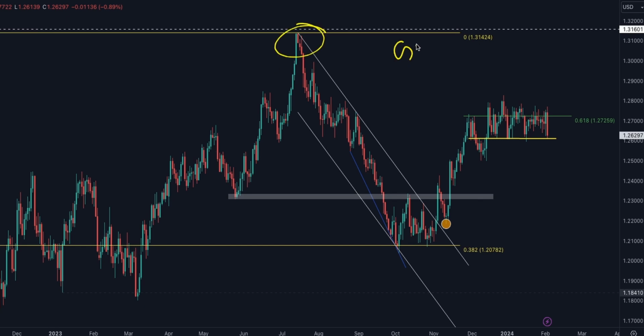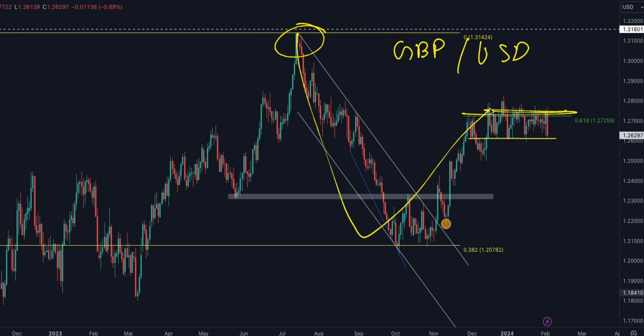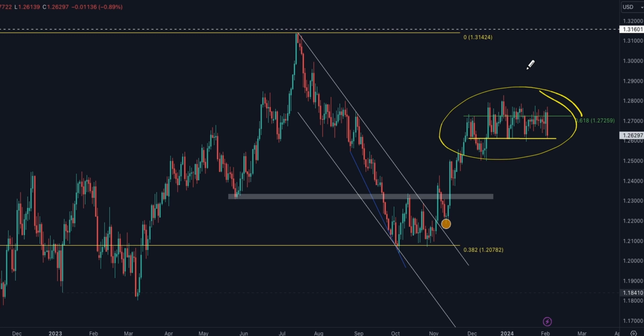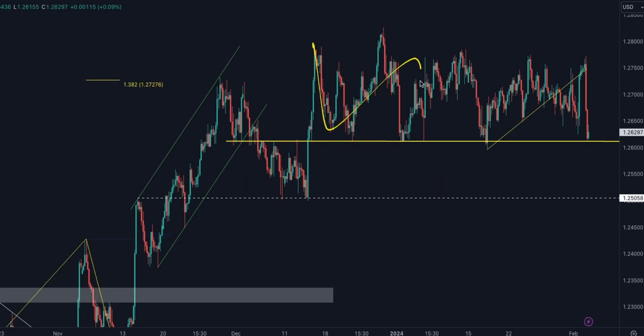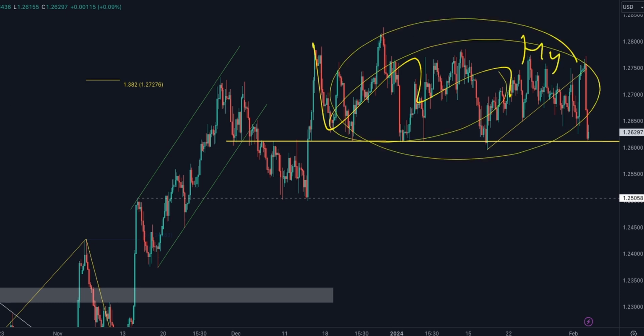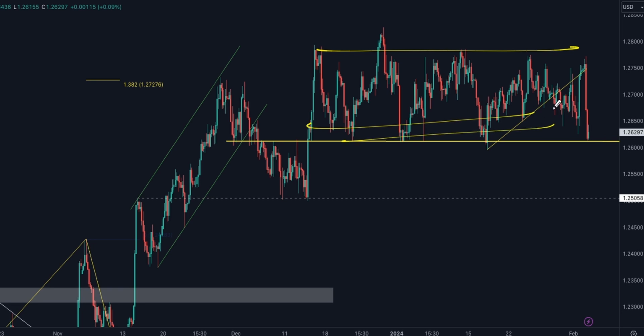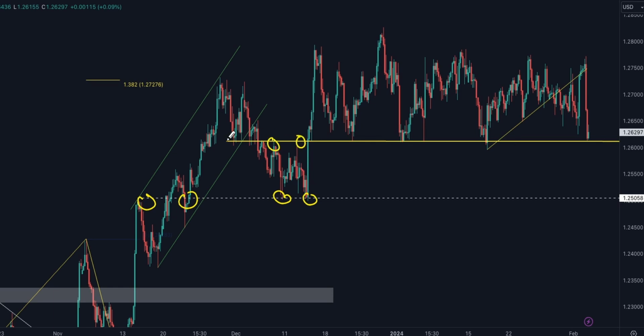Same with GBPUSD. Daily chart is still sideways on 61% retracement of this last wave. This is very boring, a very long sideways range. If you see the intraday H4 chart, then this is not a chart pattern, this is just a sideways range. And you have a clear static horizontal support level, and you have two clear horizontal supports.